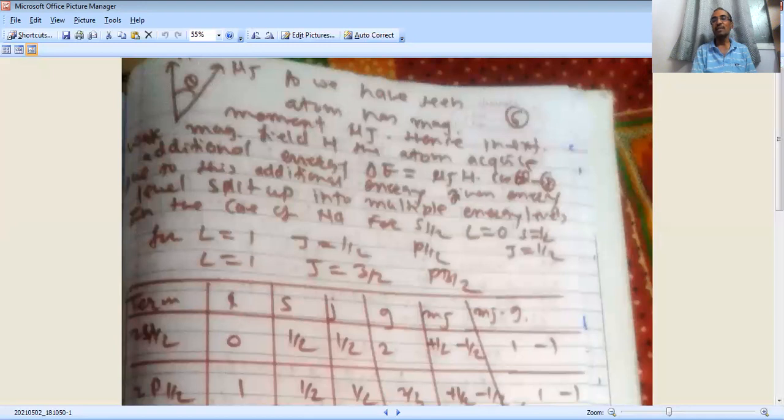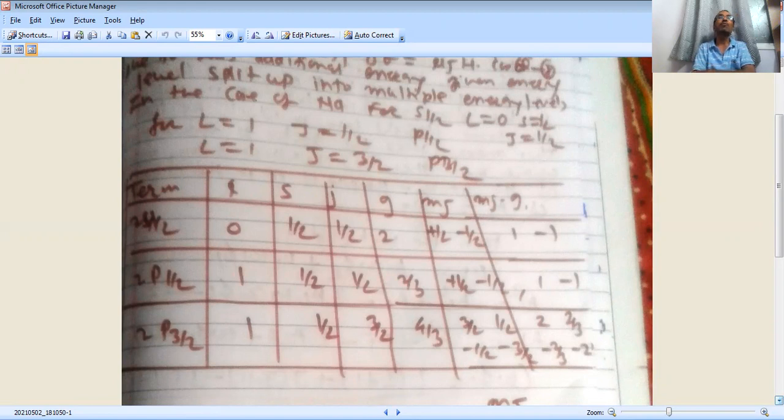Now see the below table. The term 2S 1 half, 2 is the multiplicity. That we have already discussed in the first lecture. L equal to 0. S is there, that means L equal to 0. Why, my friends?